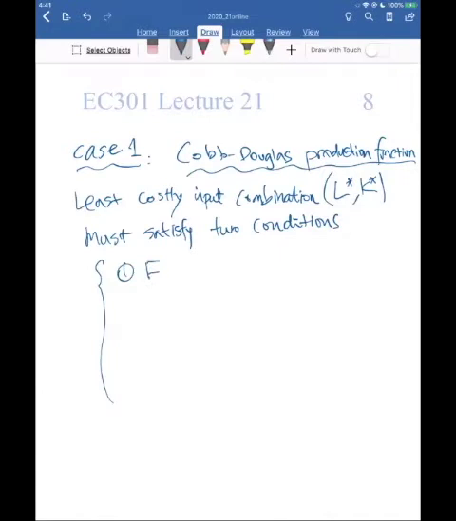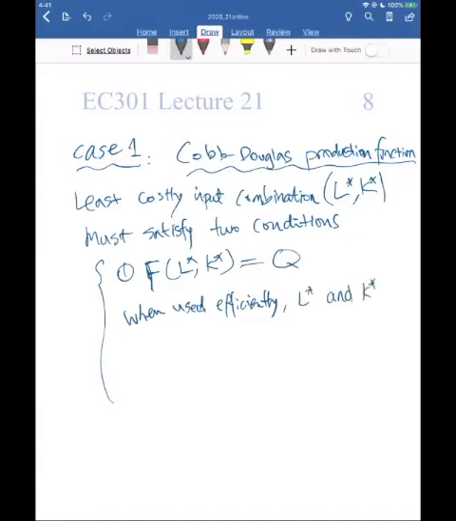First, F of L star, K star equals Q. Economically, this means when used efficiently, L star and K star together produce Q units of output.